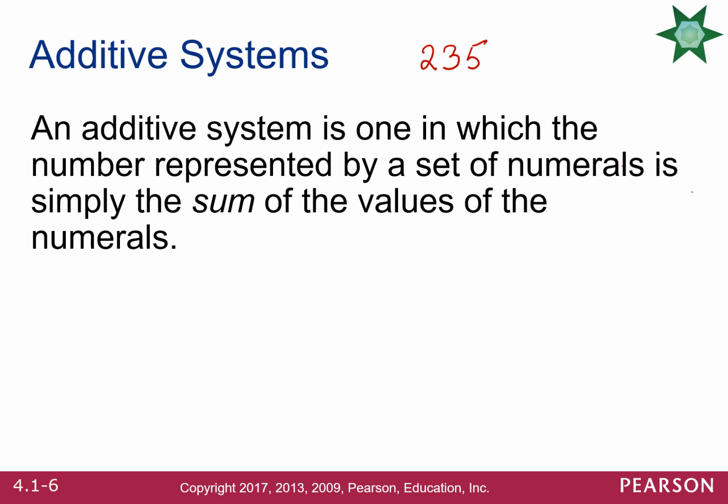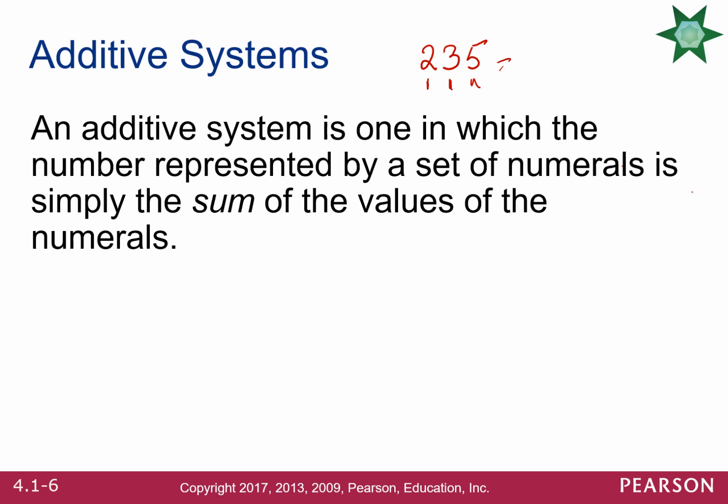So to use a simple example here, let's just have these numerals here from our system: 2, 3, 5. Now we would think, or we know, that 2, 3, 5 when placed together in this pattern represents 235, but we don't follow the additive system. We follow a different system called the place value system. In the additive system, what this would be is to add the quantities each of these numerals represent.